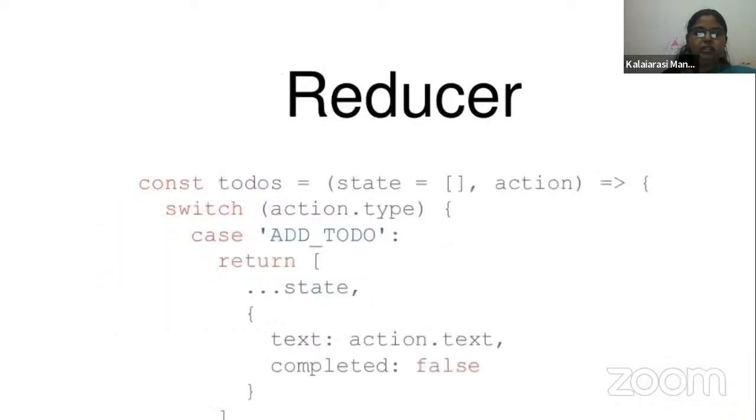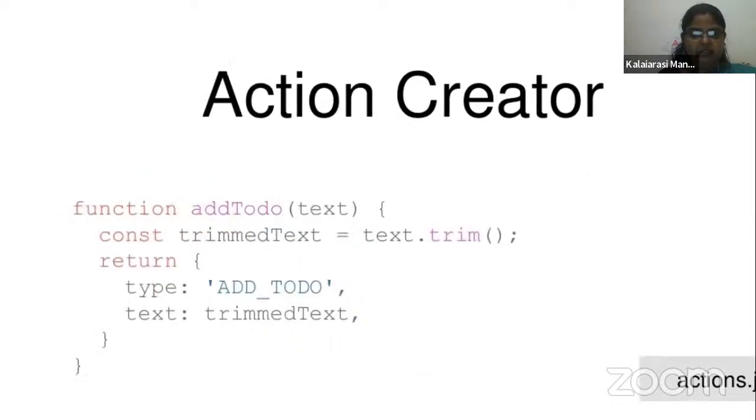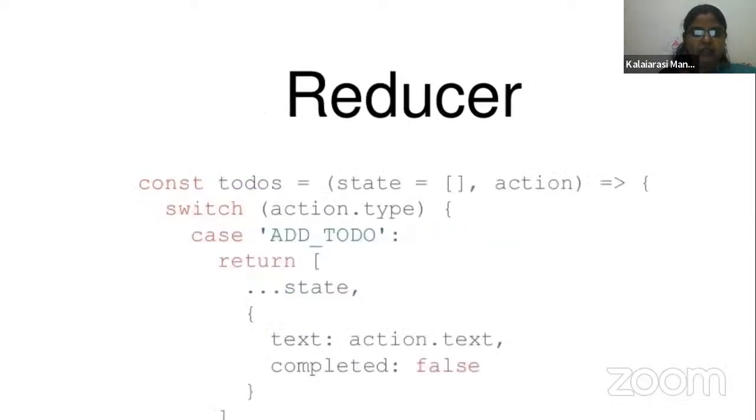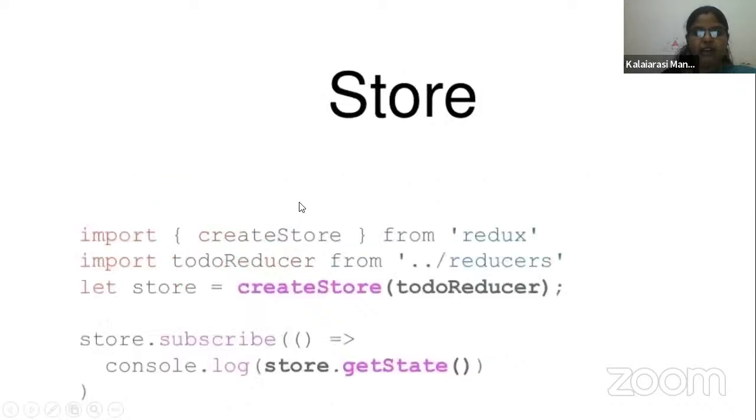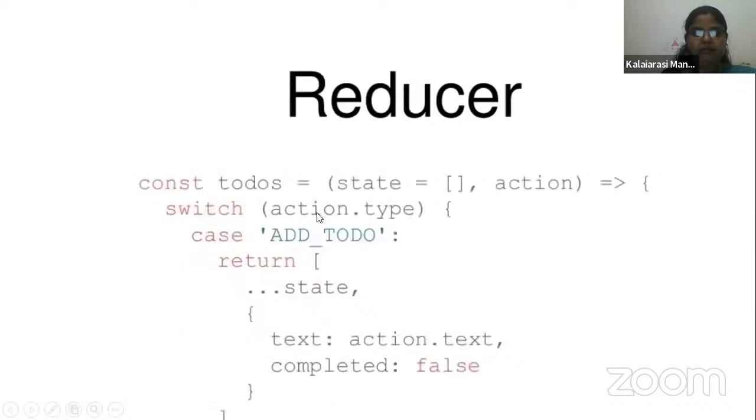And reducers: as we have created our action, now we can write our reducer. If you remember, in the product list coding, we have written this for add product as well as a case to delete the product.